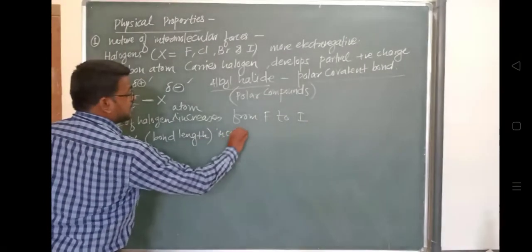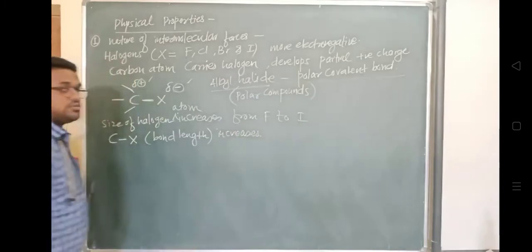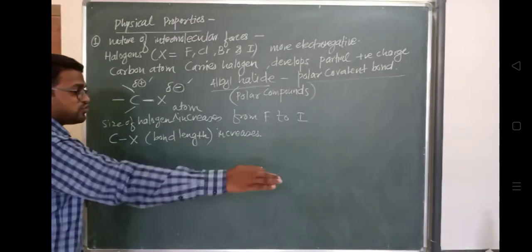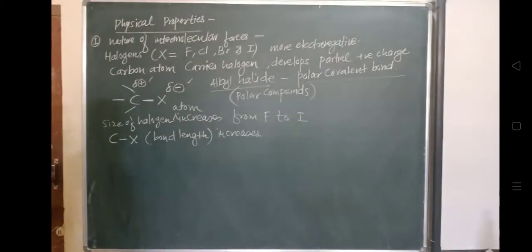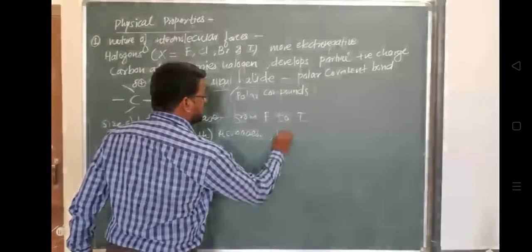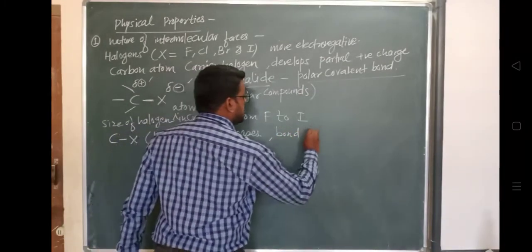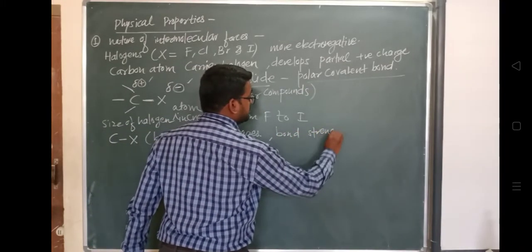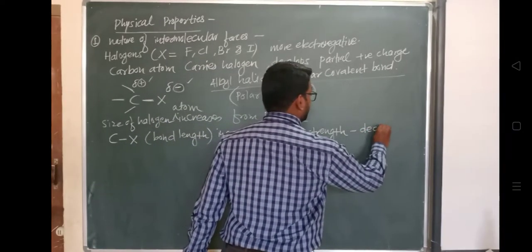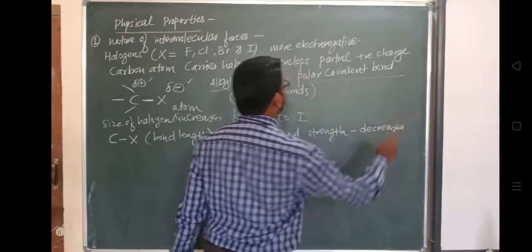If the bond length increases, what will happen to the bond strength? We have already studied this parameter. When bond length increases, the bond strength becomes weak. So bond strength decreases, as bond length increases between carbon and halogen atom. Once again, look here.